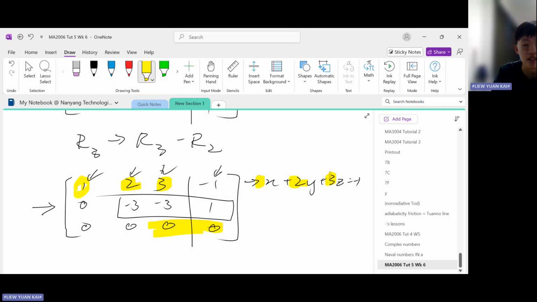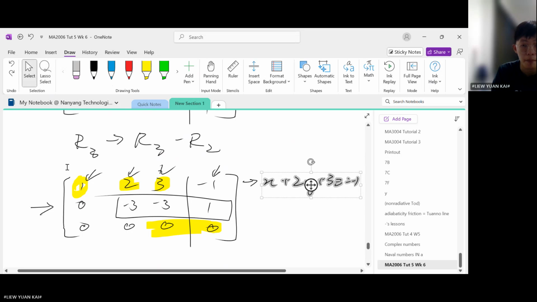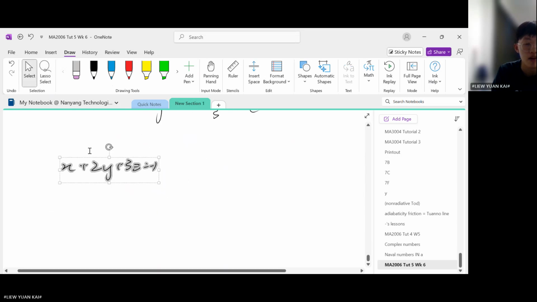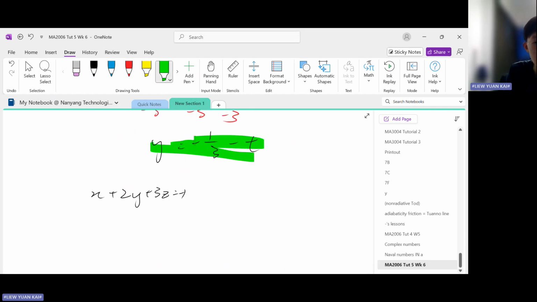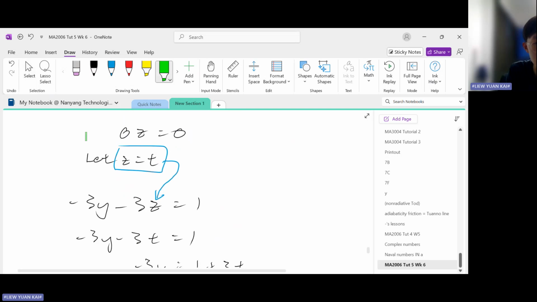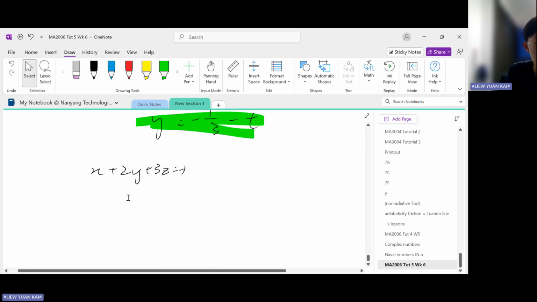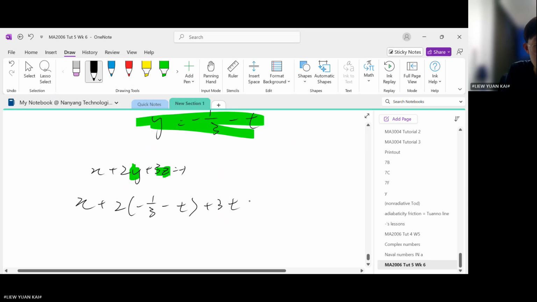So that's how I write the first equation. Now, using the results that we got earlier, namely y equals this, and z is equal to t, we shall substitute it into here and here. And now we shall make x the subject.